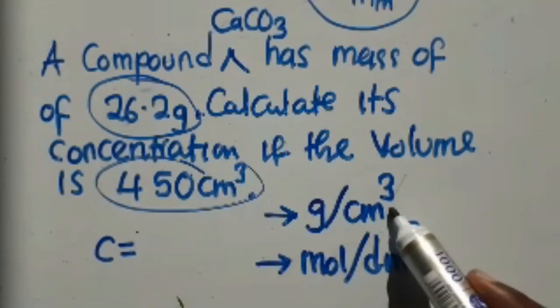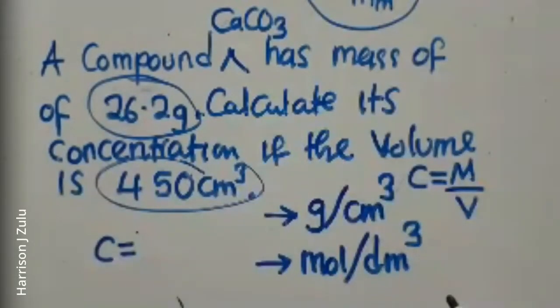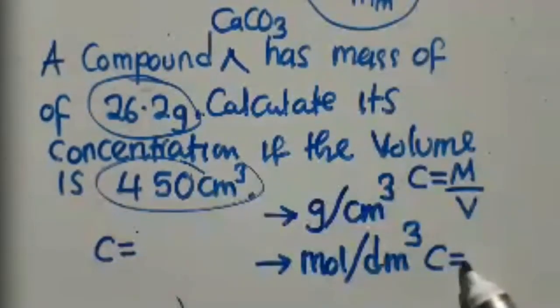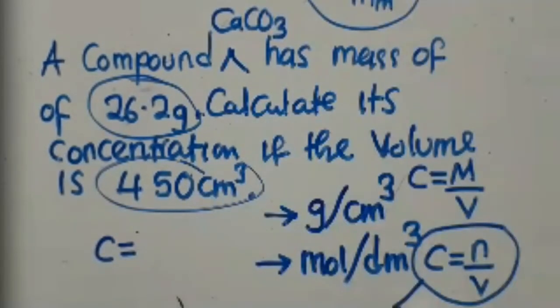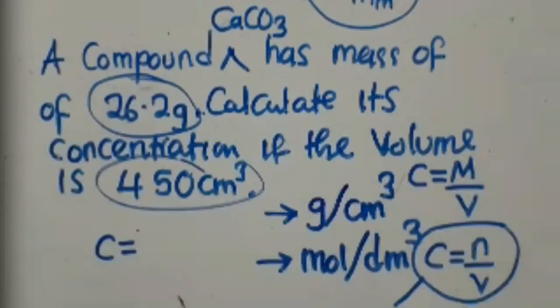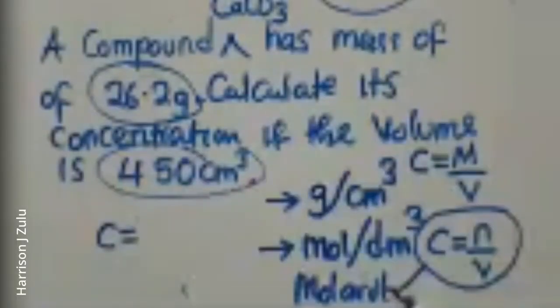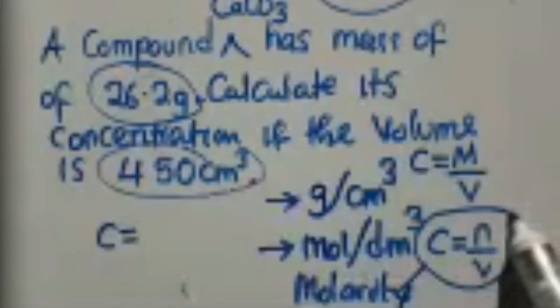For this one, the formula is concentration is equal to mass over volume. For the other one, we say concentration is equal to number of moles over volume. You can use two formulas. For this one, I said that it is also called molarity. So when you are asked to find the molarity, we use this formula.